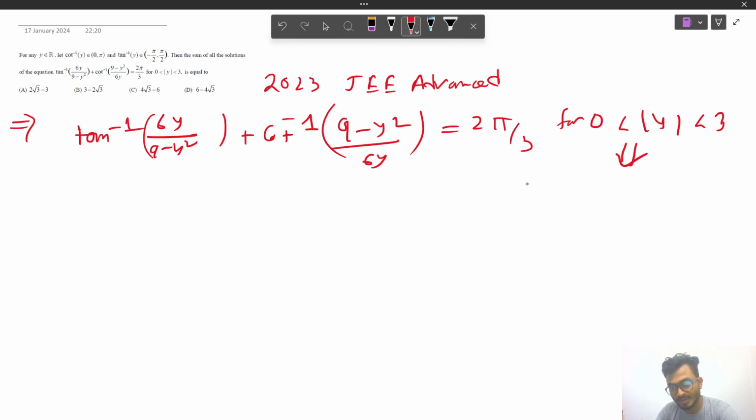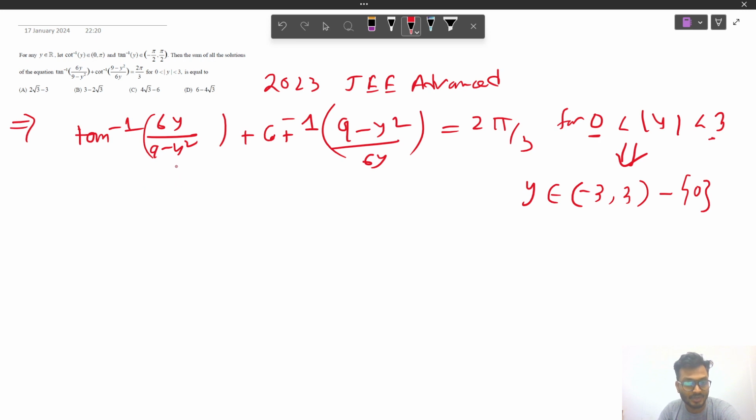So this region is y belongs to (-3, 3) minus {0}, because 0 is excluded and also 3 and -3 are excluded. Now two cases arise.